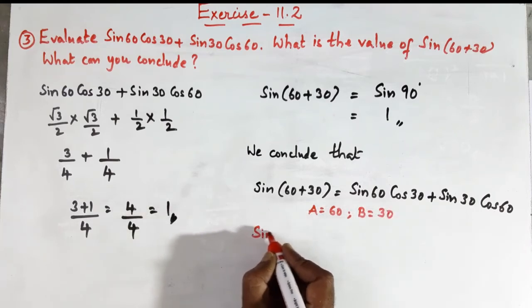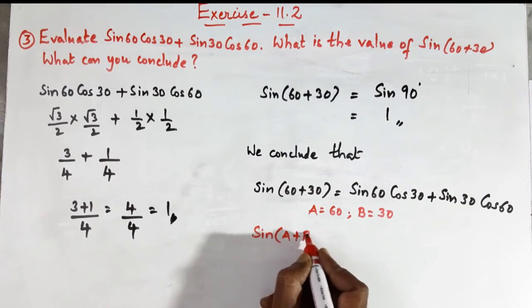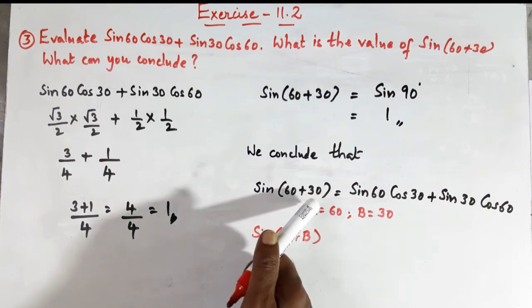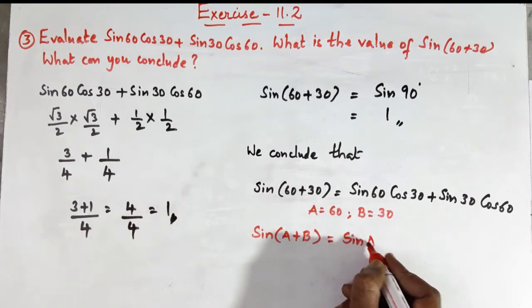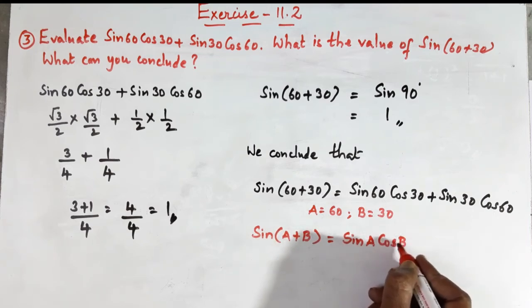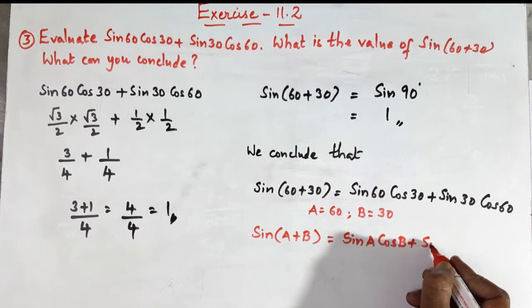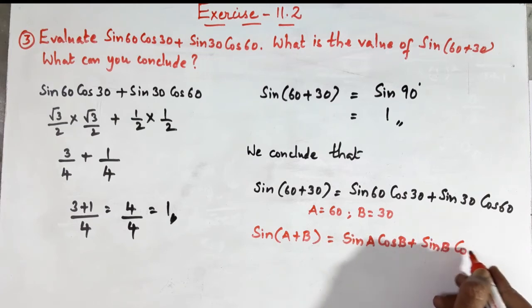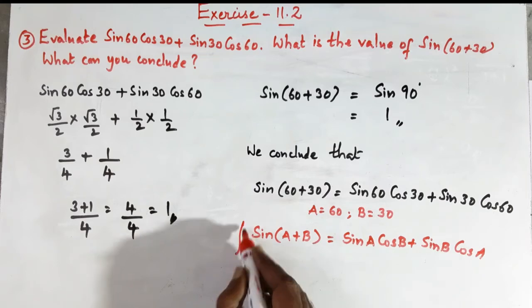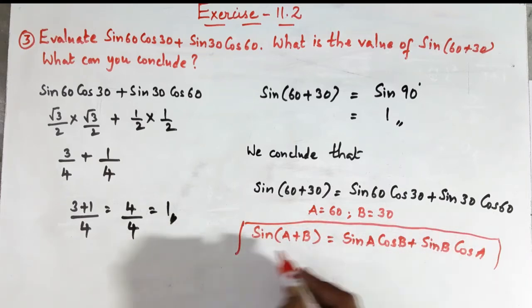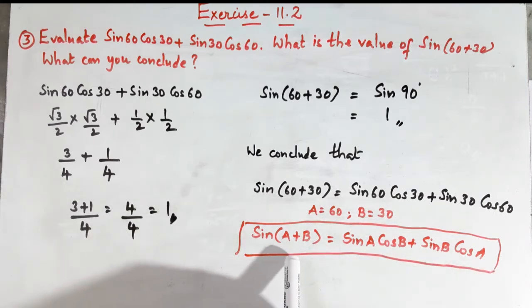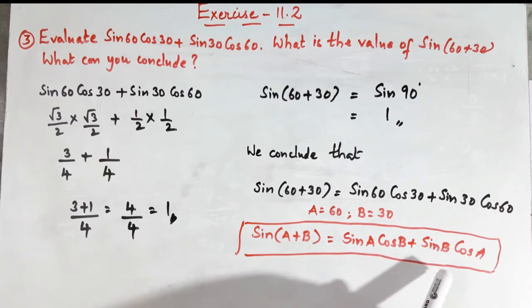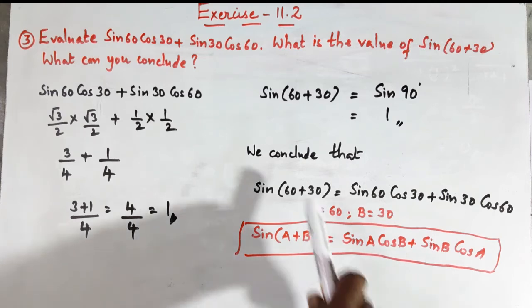Sine of A plus B, instead of 60 substitute A, instead of 30 substitute B. Sine of A plus B is equal to sine A cos B plus sine B cos A. I hope we can write down the formula in this way.